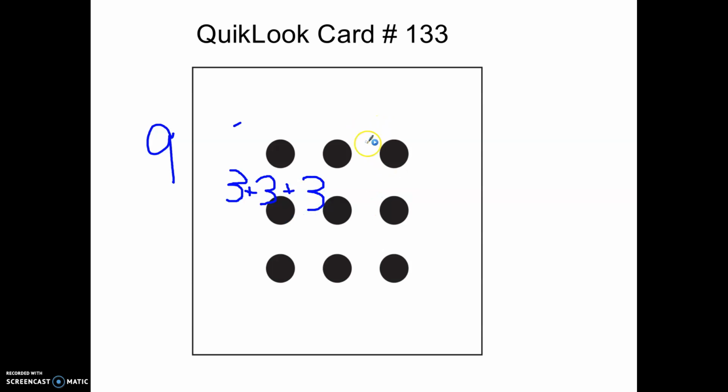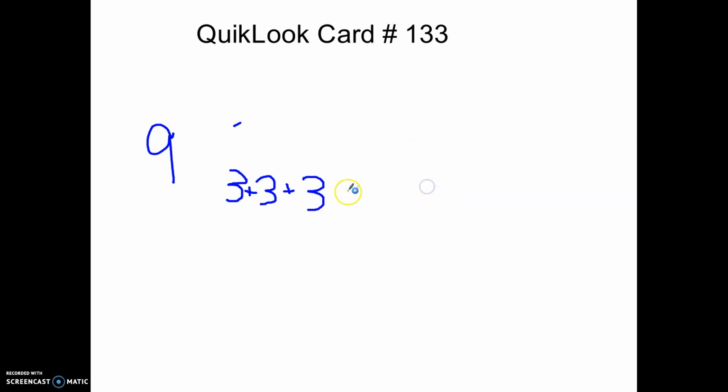Did you see 3 plus 3 plus 3? Or did you see the 3 rows? And then if you saw 3 plus 3 plus 3, could you also think of it as 3 rows with 3 in each row and get 9? One more, and hopefully my pen works better on this page.